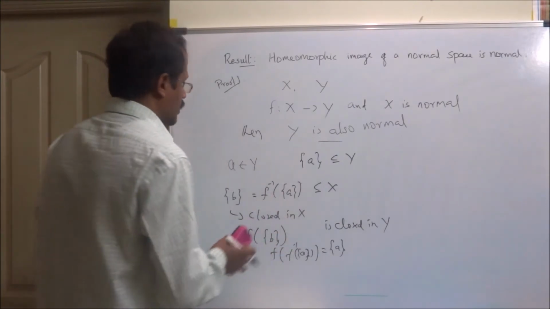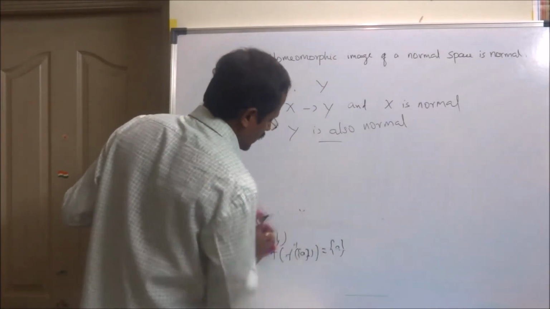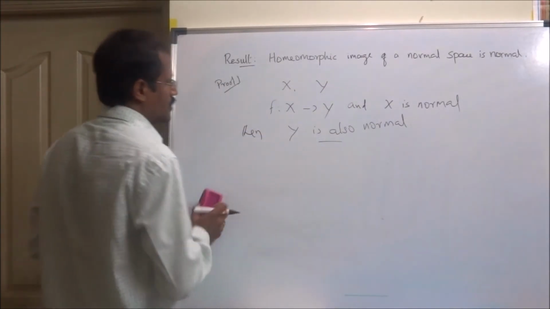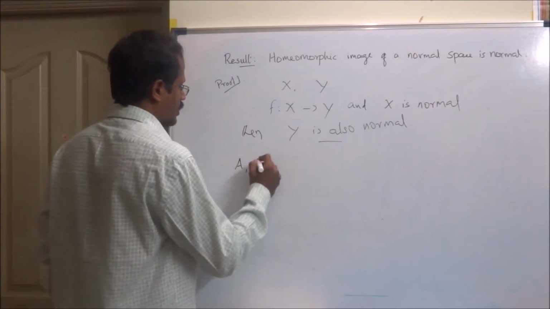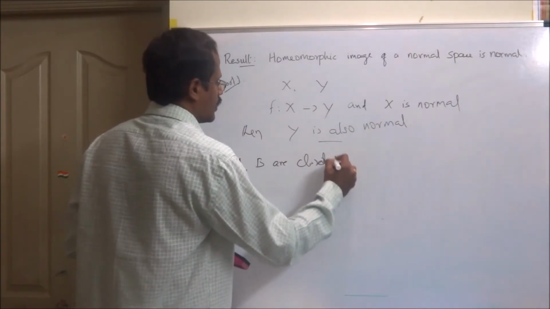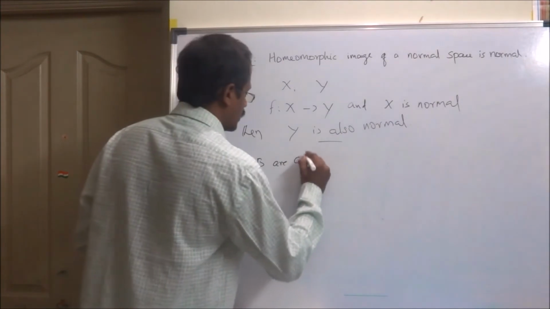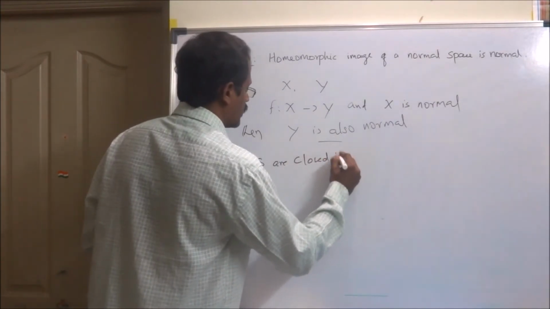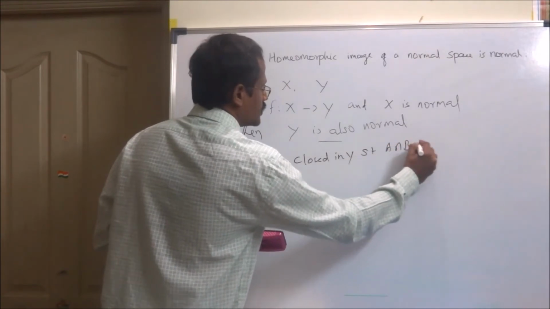Now you take arbitrarily two closed sets A and B which are disjoint in Y. You assume A and B are closed in Y, such that A intersection B is equal to empty.